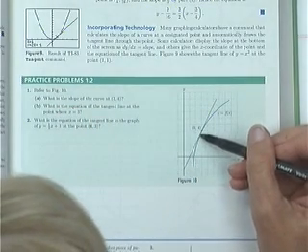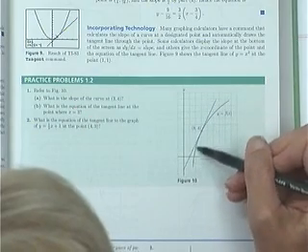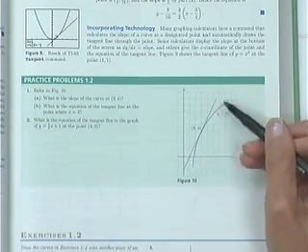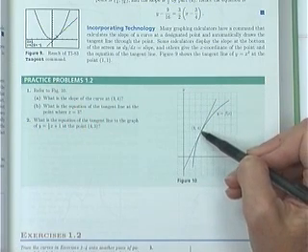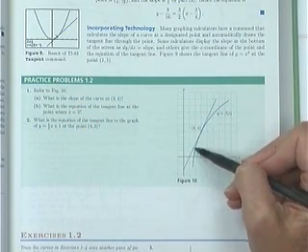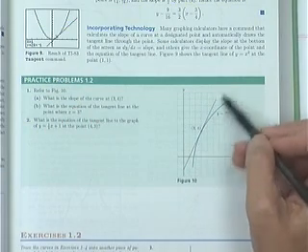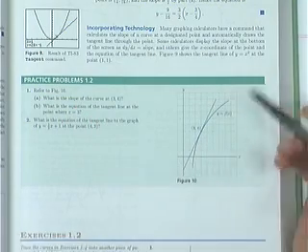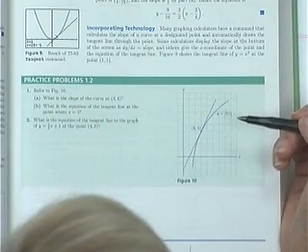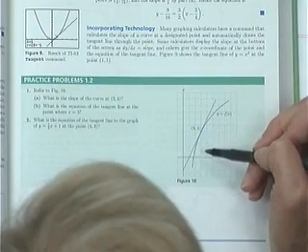Well, they were nice enough to draw in a tangent line for us. The curve is in blue, and they drew in a tangent line. So if I figure out the slope of the tangent line, then I'll know the slope of the curve there. What's an easy way to figure out the slope of the tangent line?